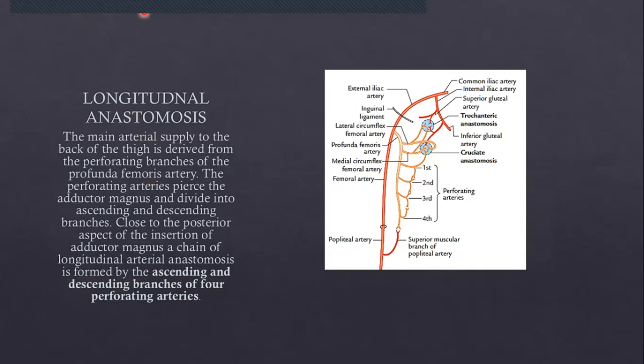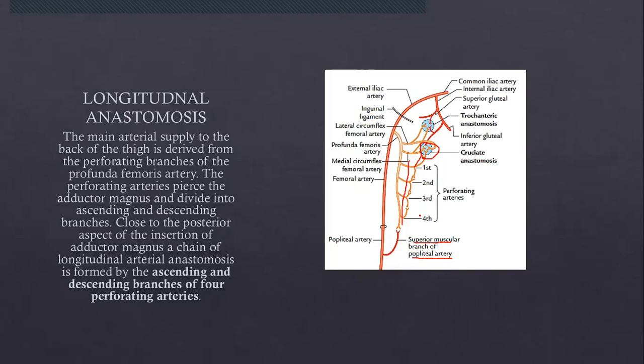So you can see after piercing, maybe the adductor magnus muscle is there, they are dividing into an ascending and descending branch. Remember, the ascending branch of the first perforating artery participates in formation of the cruciate anastomosis here, and also the descending branch of the fourth perforating artery will anastomose with the superior muscular branch of the popliteal artery.